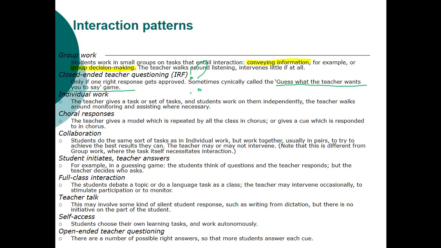Example, let's repeat the conjugation of the verb to be in present simple. I am, you are, and that's the choir. Collaboration, we have already seen that. A student initiates and the teacher answers.